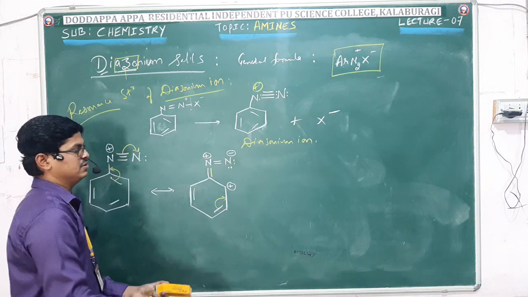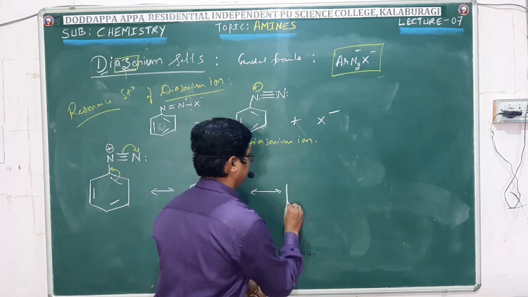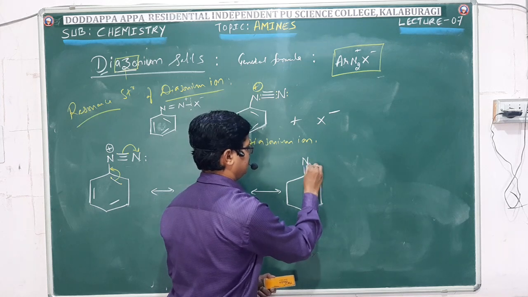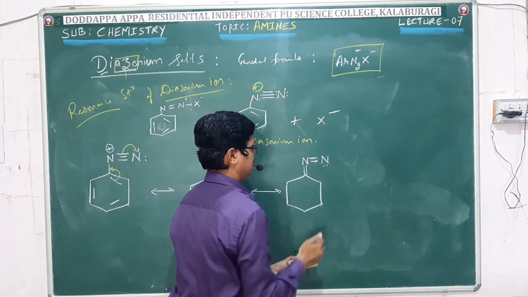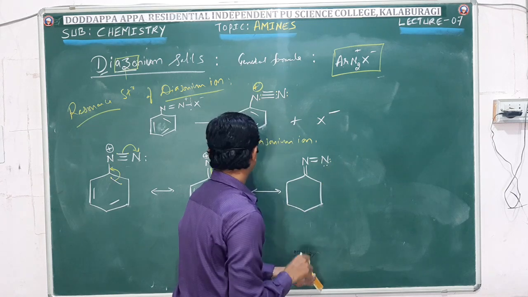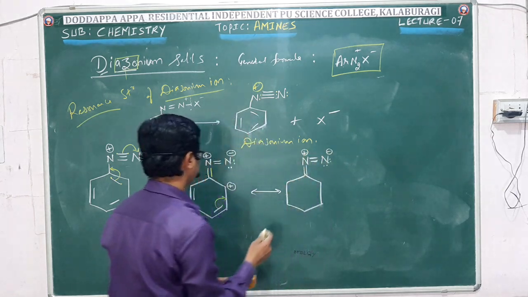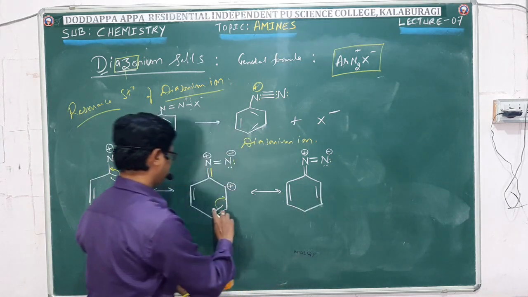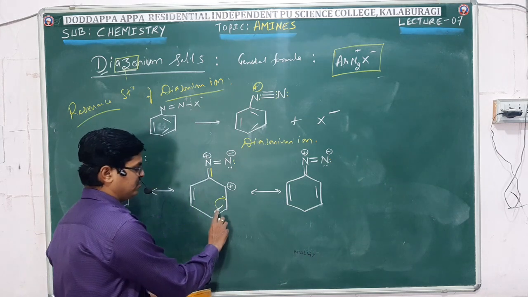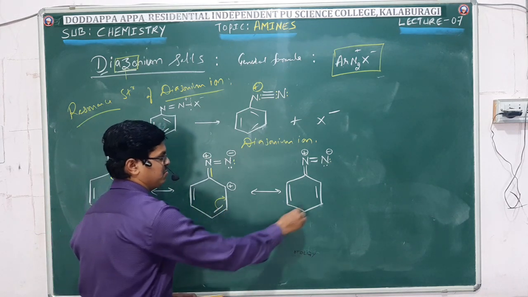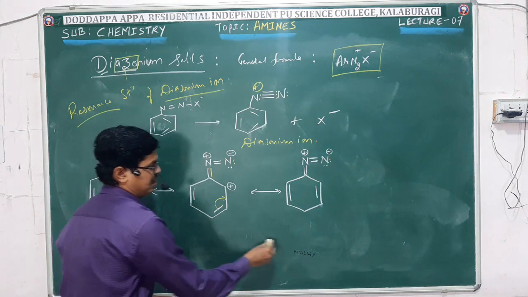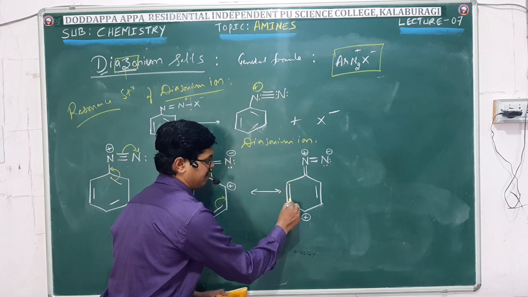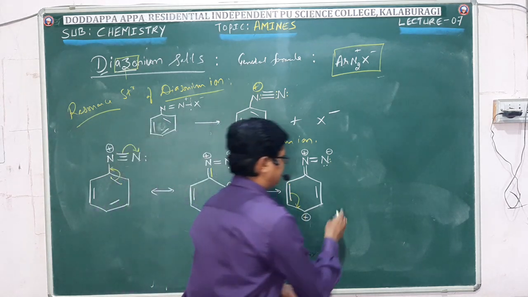To satisfy this positive carbon, this pair of electrons shifts this side, and another resonance structure forms, with the negative charge here and the positive charge there. When this bond shifts and forms a pi bond, the next carbon becomes positive, and this positive charge attracts this pair of electrons.